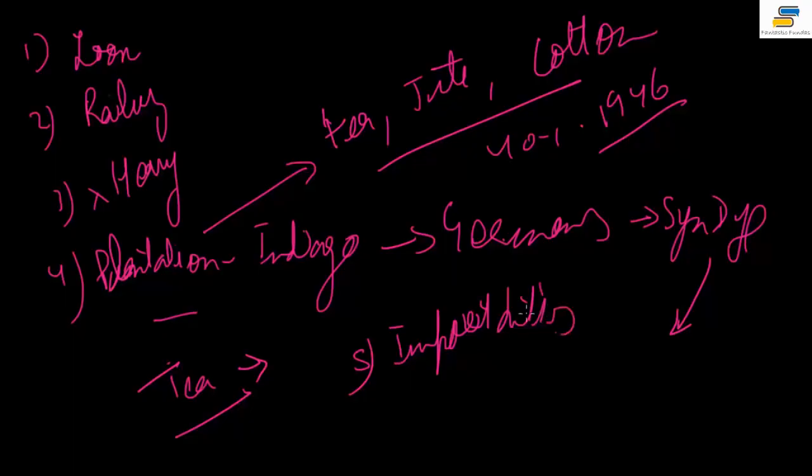And whenever new things came from, let's say, US or any place, UK or France, whatever was imported into India, even the raw material, that was very very costly in India, right?